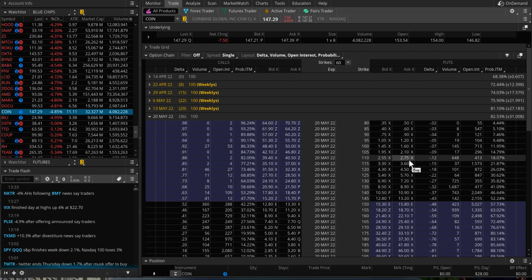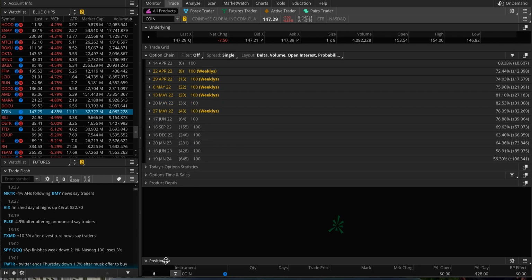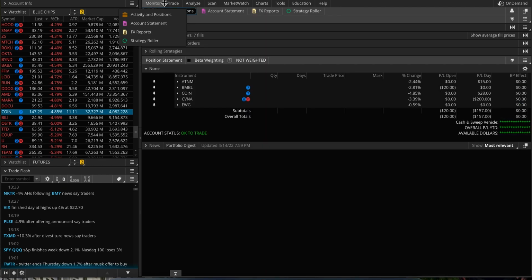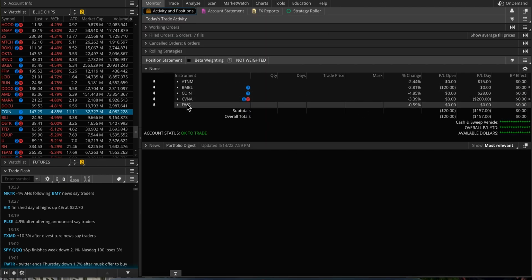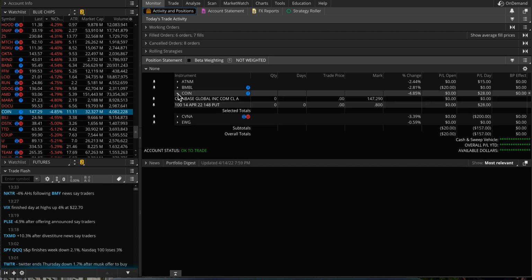If I see the stock stay below 150, I will most likely try to trade it to the downside with bigger size. Today, can I see my position here? Let's go to the monitor. Today it was pretty much testing the waters.